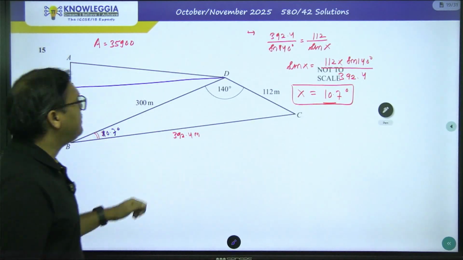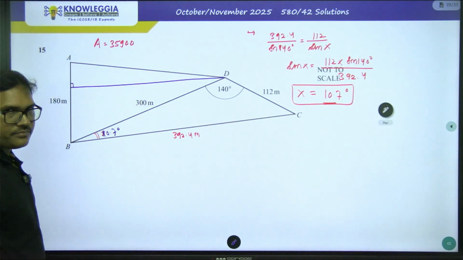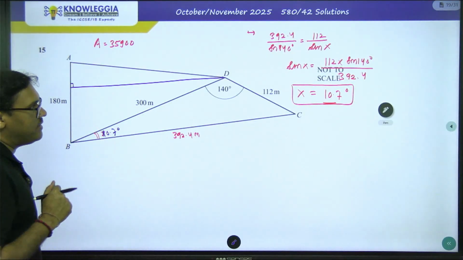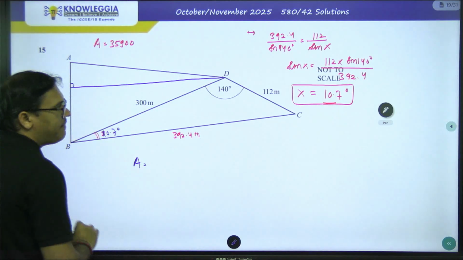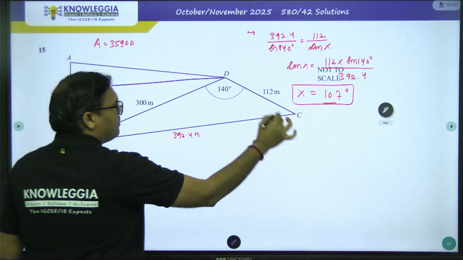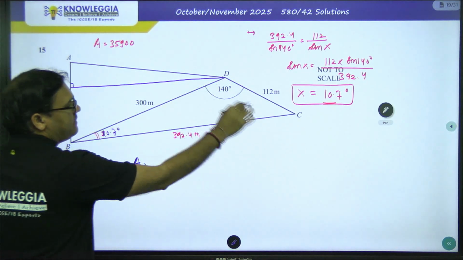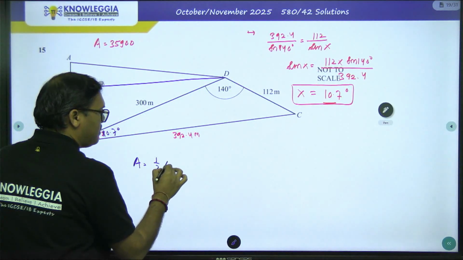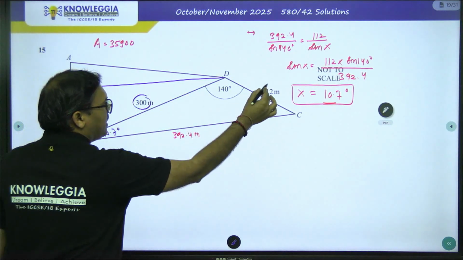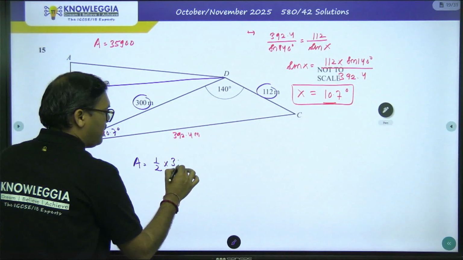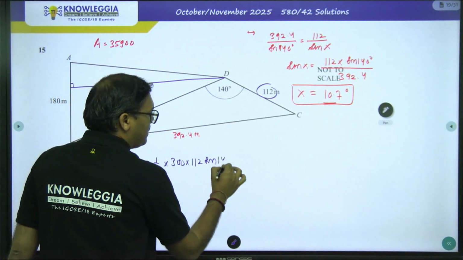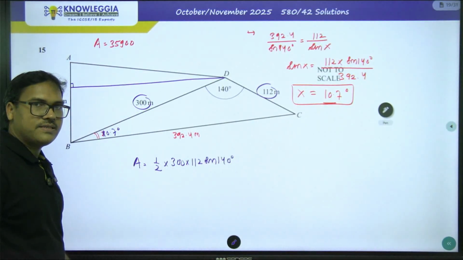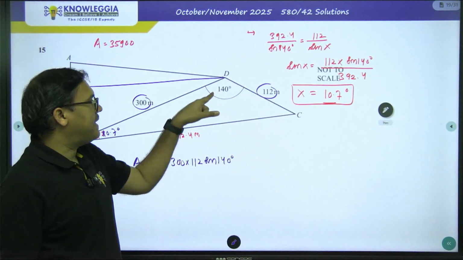So what is the total area? Total area of this is, you can see, what is the area of this triangle, BDC? This is half, the two sides are given, 300 and 112. Half into 300 into 112 into sine 140 degrees, two sides and the sine of the angle between them.